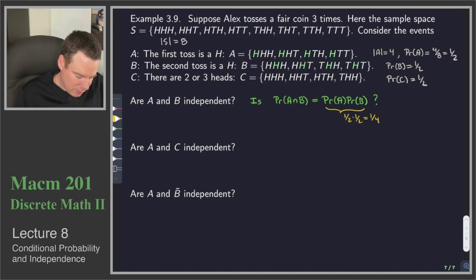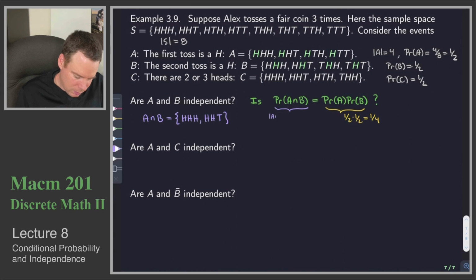What about A intersect B? Well, A intersect B is the set of all outcomes where the first toss is an H and the second toss is an H. So they start heads, heads. Then for the third toss, it could be an H, or it could be a T. And so in that case, what is the probability of the intersection?